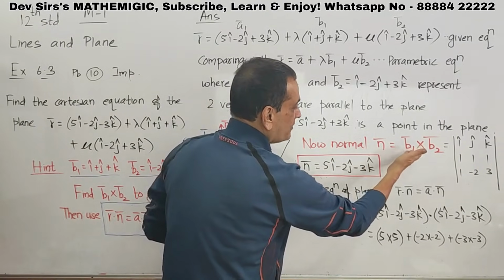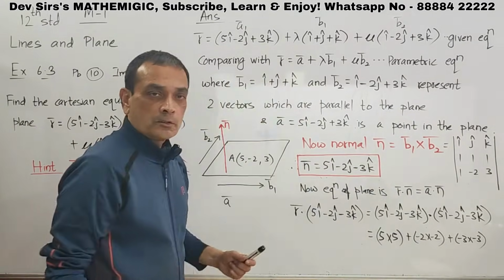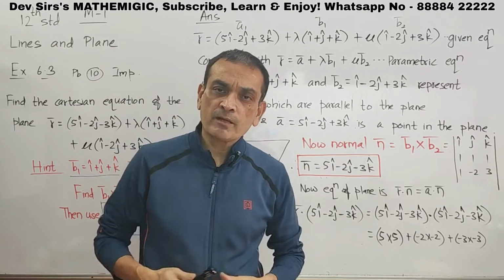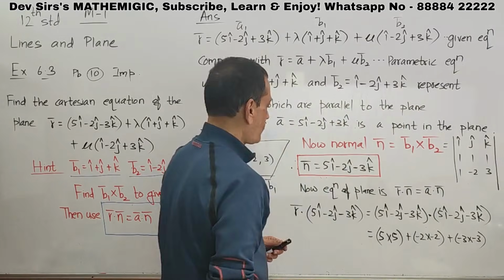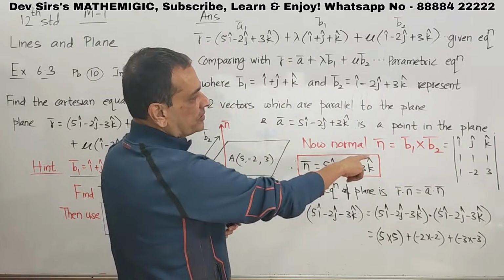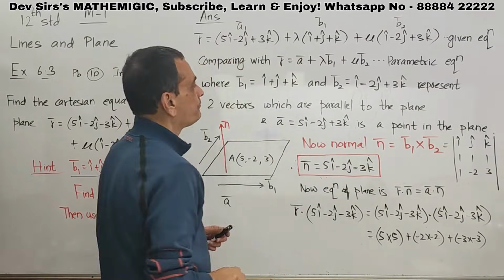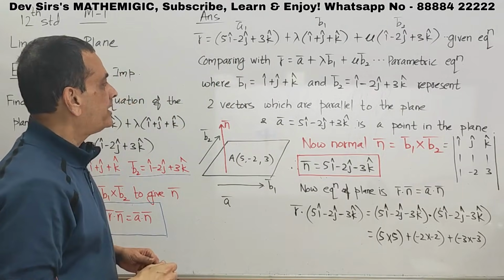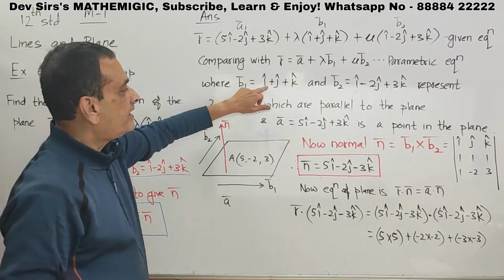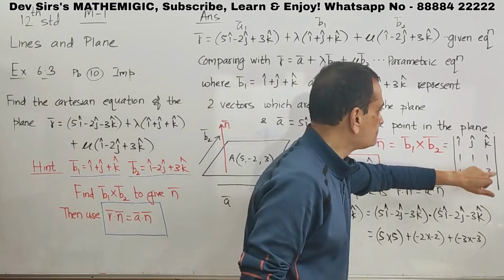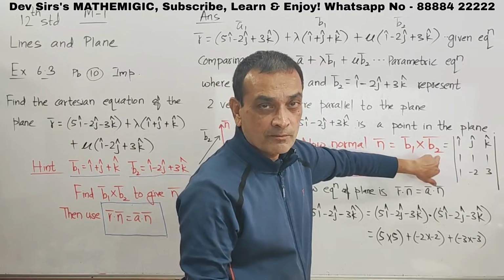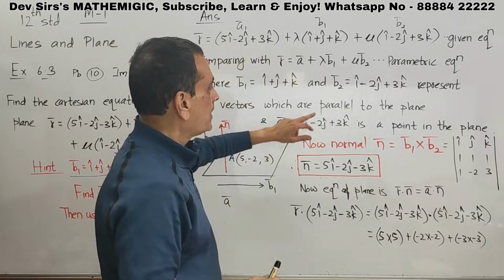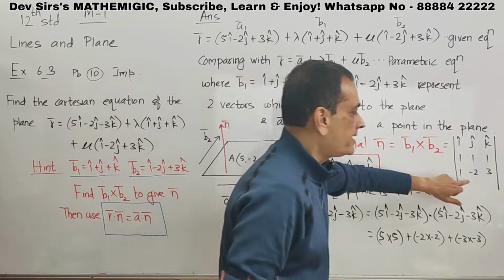So that's what I have written. Normal n bar is equal to B1 cross B2. दोस्तों, how do you find the cross product, vector product? Simple determinant i, j, k. Take the coefficients of B1. B1 कहाँ पे लिखा हुआ है? हाँ, यहाँ पे 1, 1, 1. Take the coefficients of B2, direction numbers उसको बोलते हैं, 1, -2, 3.